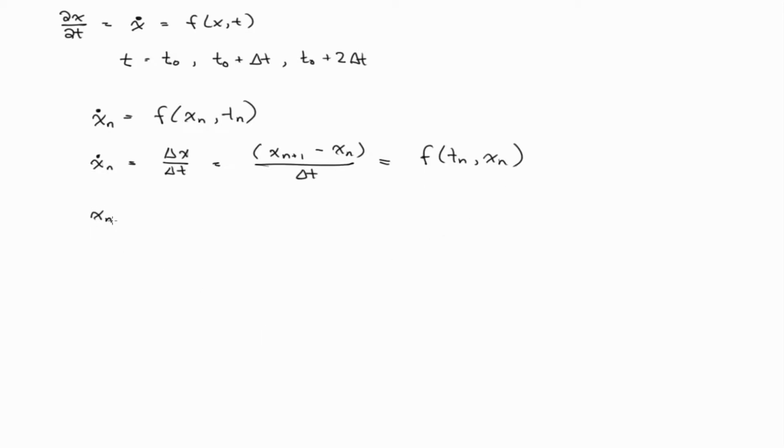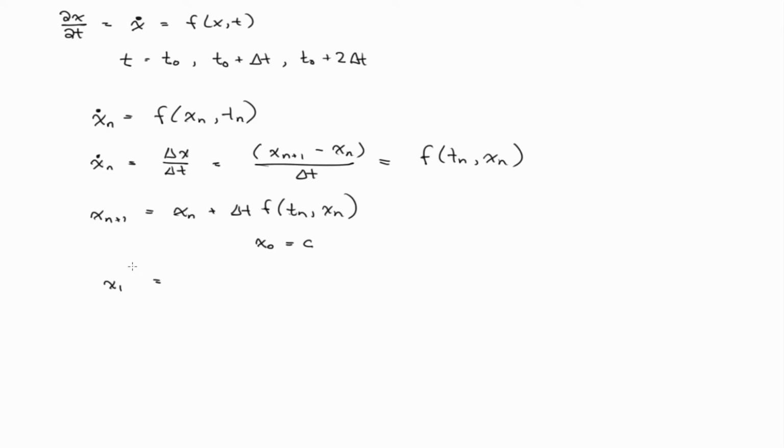So therefore, solving for xn plus 1, xn plus 1 is xn plus delta t times f of xn, tn. Okay. And if we allow x0, the 0 time step, to be equal to some constant, then we can write x1.